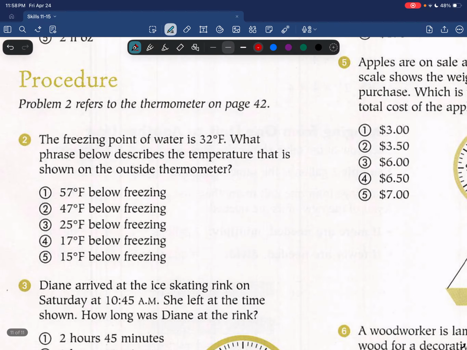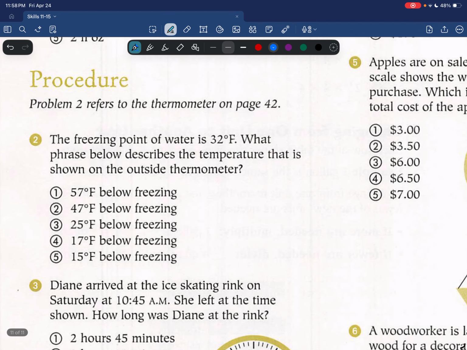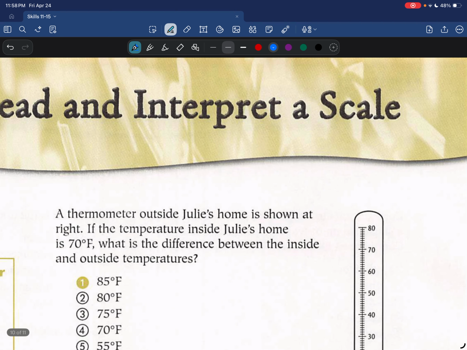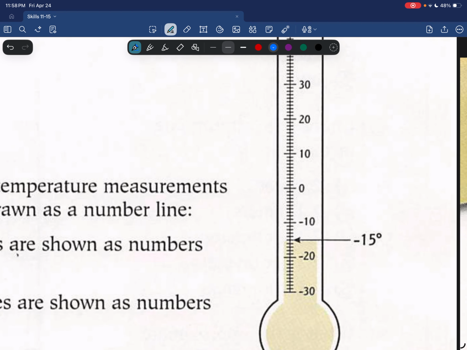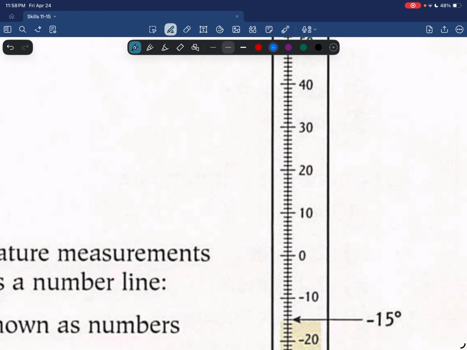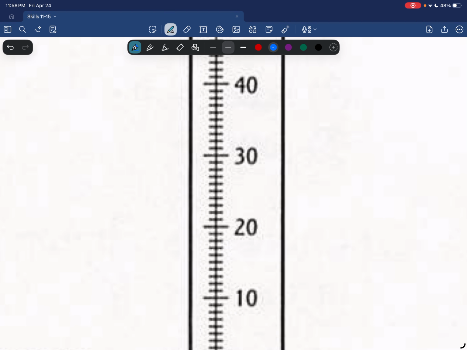Problem 2 refers to the thermometer on page 42. The freezing point of water is 32 degrees Fahrenheit. What phrase below describes the temperature that is shown on the outside thermometer? If you look back at this thermometer, let's mark our freezing point, which is 32 degrees.